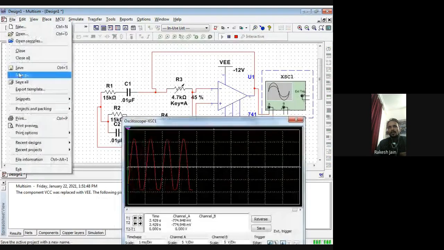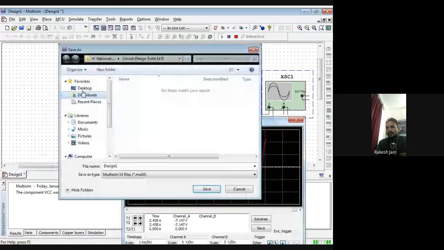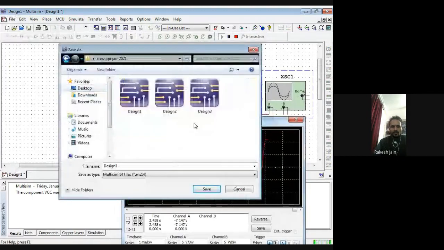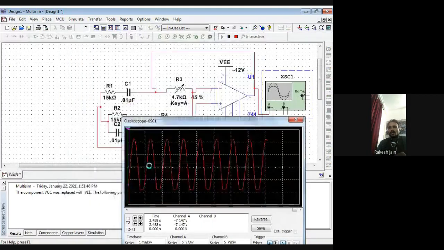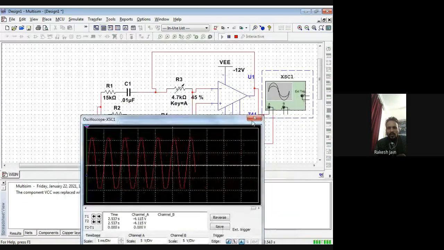I am going to save this data first of all. Okay, so this is the output of this. We are going to change this variable potentiometer to a 2 kilo ohm perfect resistance. Then we can do this.